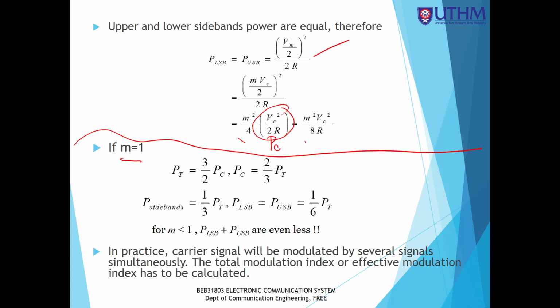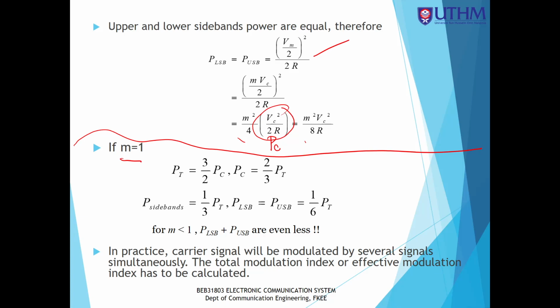This is for the upper sideband, and also for the lower sideband. Each is 1 over 6 of the total power. So you see that during the ideal case, dalam keadaan yang terbaik, upper sideband dan lower sideband masing-masing mempunyai power sebanyak 1/6 daripada total power.